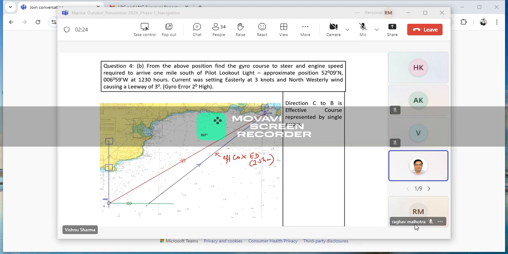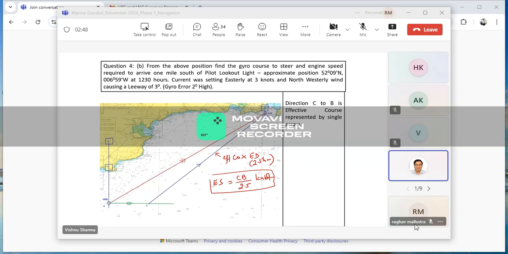Yes or no? Yes. Does everybody agree? So what can I do? Now I can take my compass and measure distance CB. And if I divide CB by 2.5 hours, I'll get the engine speed in knots. Am I right? Will this give me engine speed? Yes, sir.